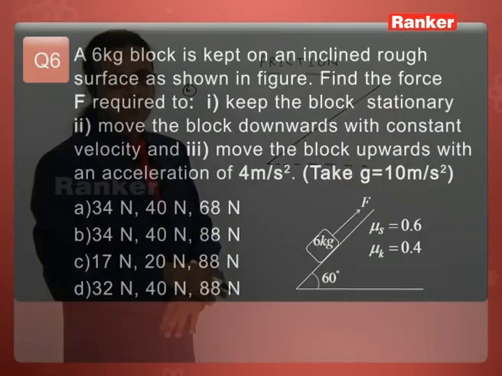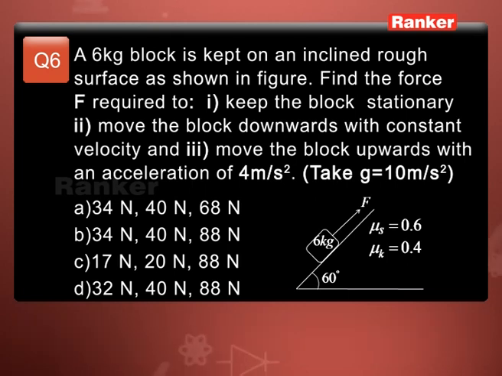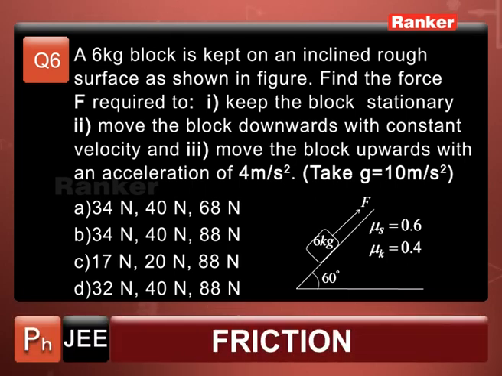The options given are: A, 34 Newton, 40 Newton, 68 Newton; B, 34 Newton, 40 Newton, 88 Newton; C, 17 Newton, 20 Newton, 88 Newton; D, 32 Newton, 40 Newton, 88 Newton.